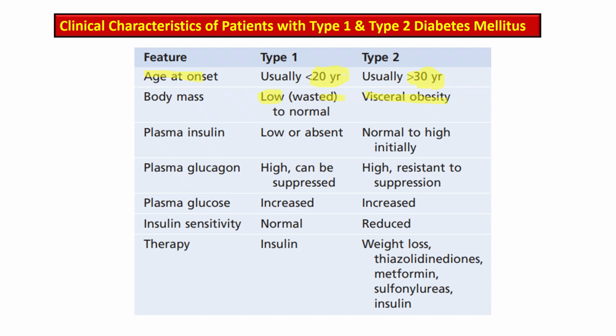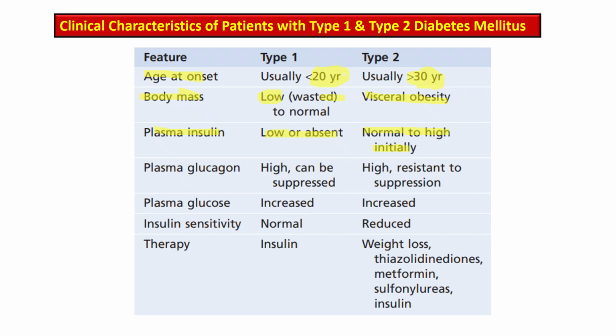The plasma insulin level for diabetes mellitus type 1 is low or absent due to destruction of the pancreatic beta cell, while in type 2 diabetes mellitus, the insulin levels are normal to high initially due to insulin resistance and compensatory hyperinsulinemia.